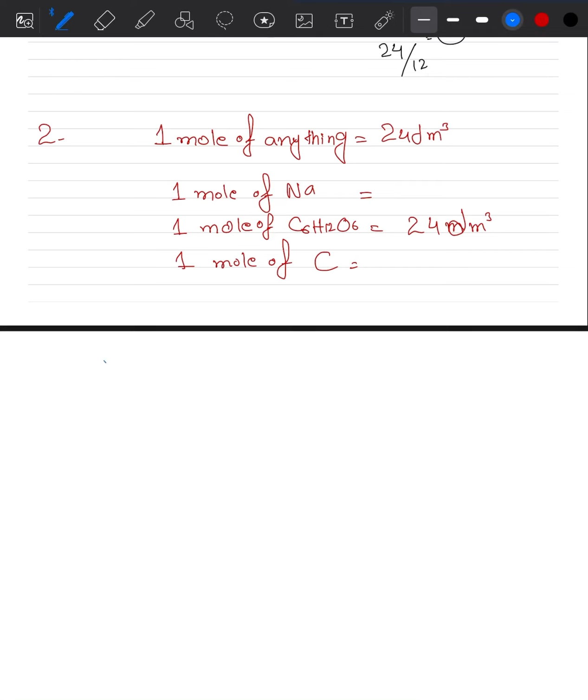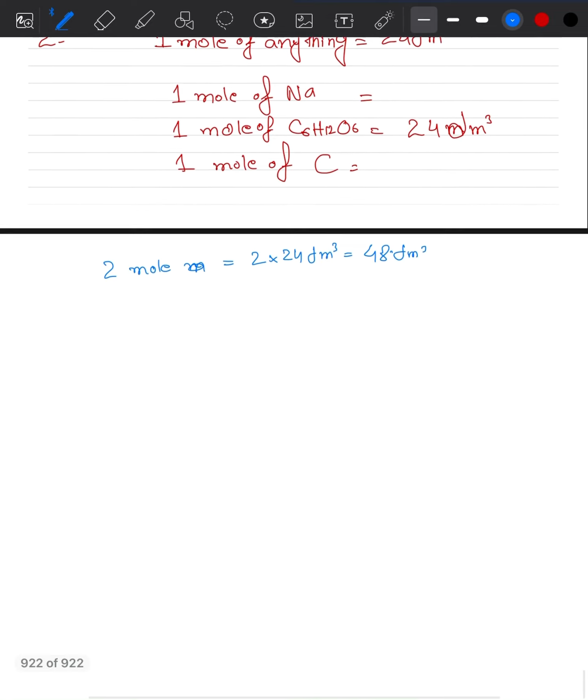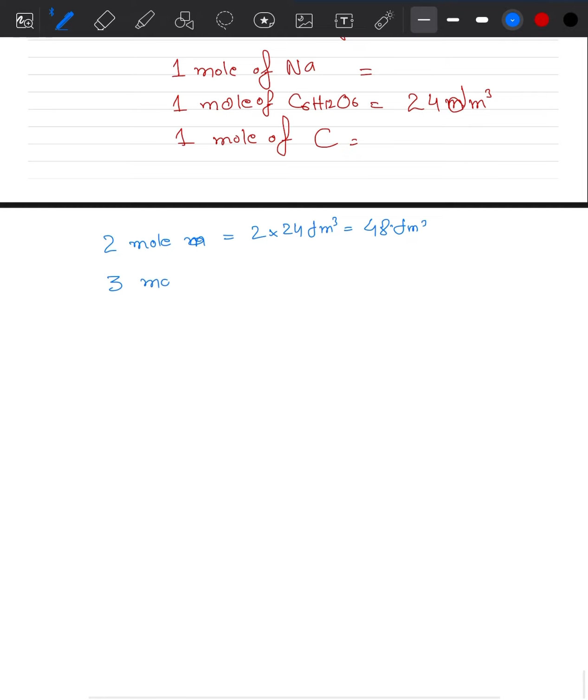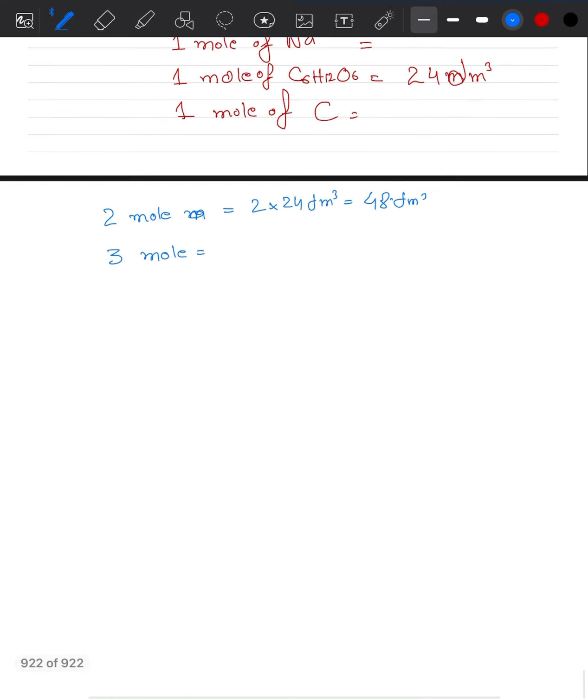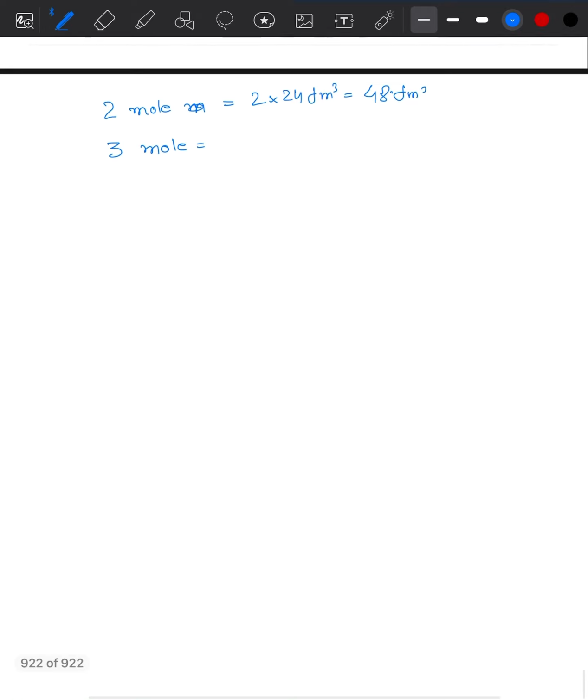If we have 2 moles of anything, the volume becomes 2 × 24 decimeter cube, so it will be 48 decimeter cube. In the same way, if we have 3 moles, we have 3 × 24 decimeter cube, which is 72 decimeter cube.